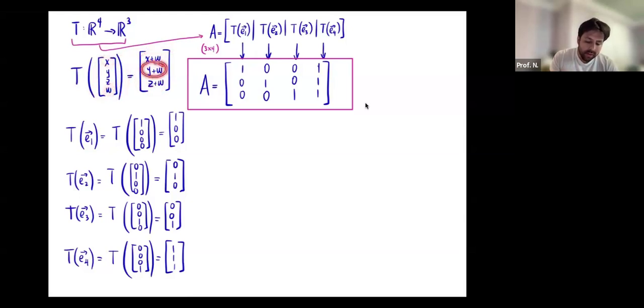The second component is y plus w. The third component is z plus w. So that's exactly what I'm going to be doing, but now I have specific numbers. So the first component is x plus w, which is 1. The second component is y plus w, which is 1.